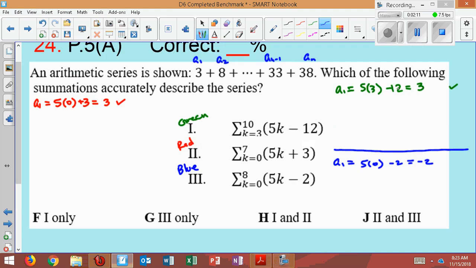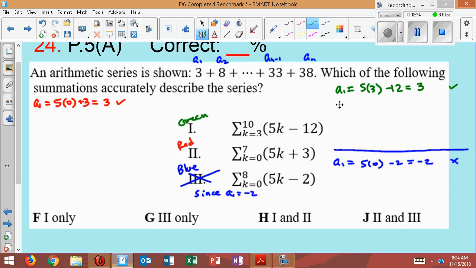No, it's supposed to equal 3 like these two. This one is out, since a sub 1 equals negative 2 here, and negative 2 is not 3. So now it's between red and green.